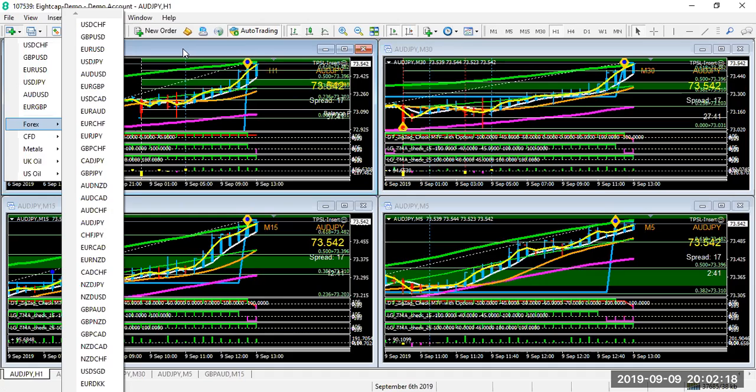So they've got a reasonable amount of volatility, and because they're traded a fair amount, the spread's reasonable. So unlike exotics, which could have unimaginable spreads.